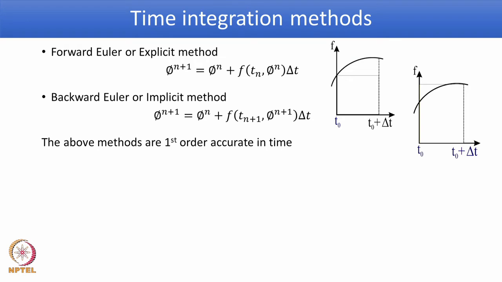Both these methods, that is, the Euler method, you can prove, is first order accurate in time. Why do you have to worry about order of accuracy in time? If you solve the Navier-Stokes equation in full, we already learned the convection term, diffusion term, and their discretization, and it is possible to increase the order of accuracy for the convection term and diffusion term. It is necessary, as far as possible, for the time integration term also to be of the same order as the spatial derivative terms.